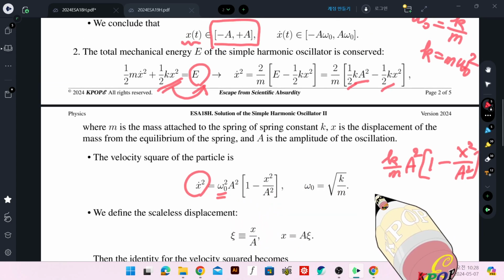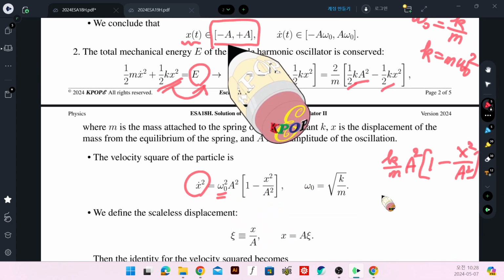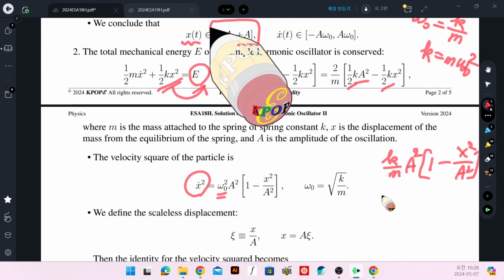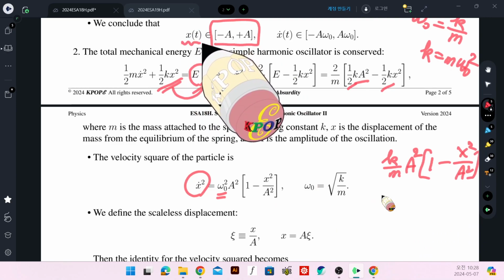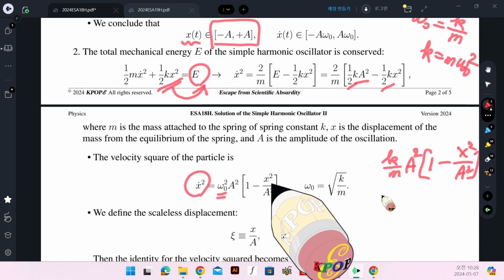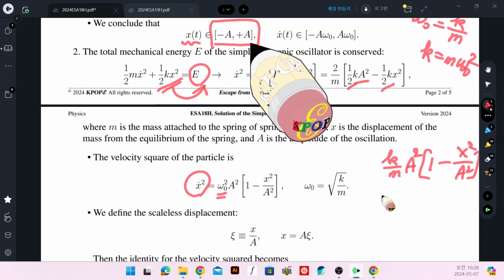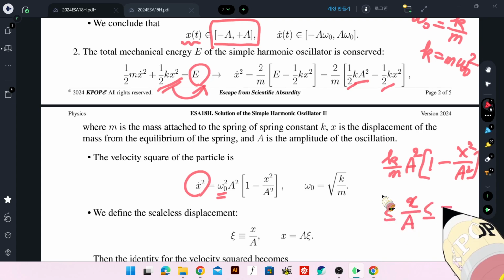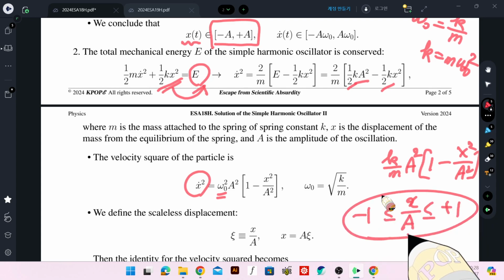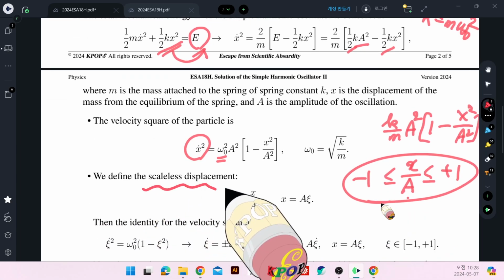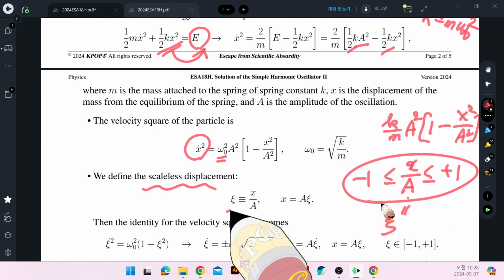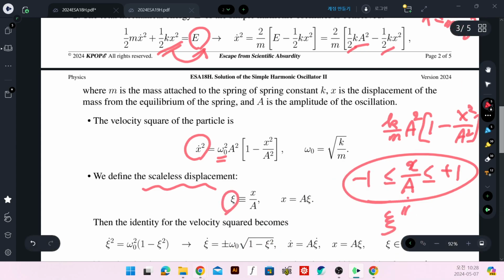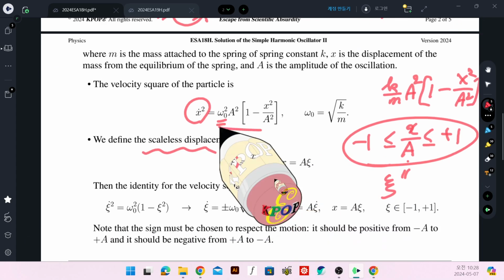We recall that the range of this displacement from the equilibrium position, x, is between plus minus A. Therefore, x over A is between plus 1 and minus 1. So it is convenient to define the scaleless displacement that is called c, x over A. Then this expression is a little bit simplified.